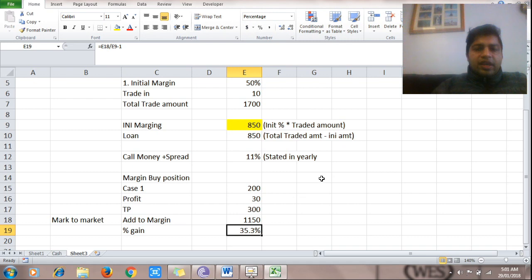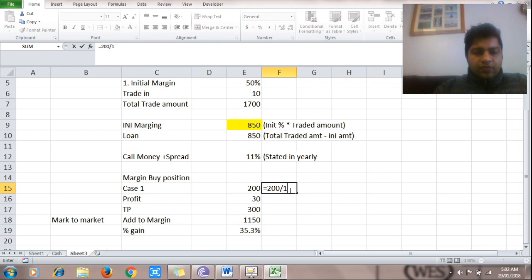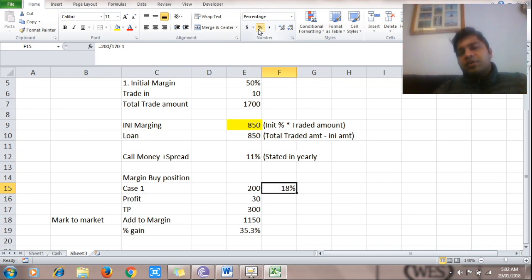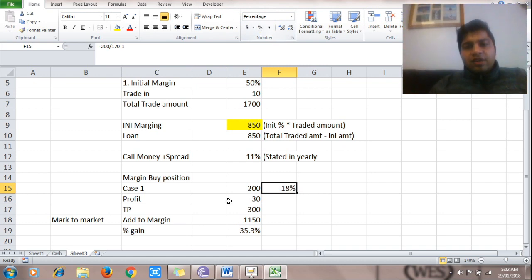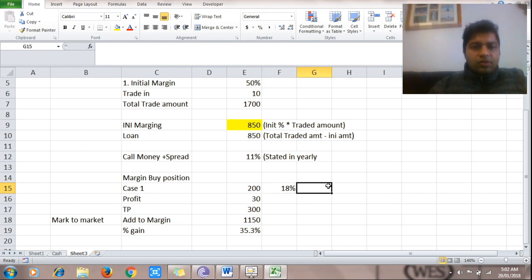If you traded in cash, the profit would be, $200 is the share price, $170 you bought it, so it will be somewhere around 17.6% or 18% if you trade it in cash, but the profit jumps to 35% if you trade in margin. So margin has leverage, it magnifies the profit as well as loss. Okay, so let's look at case 2.